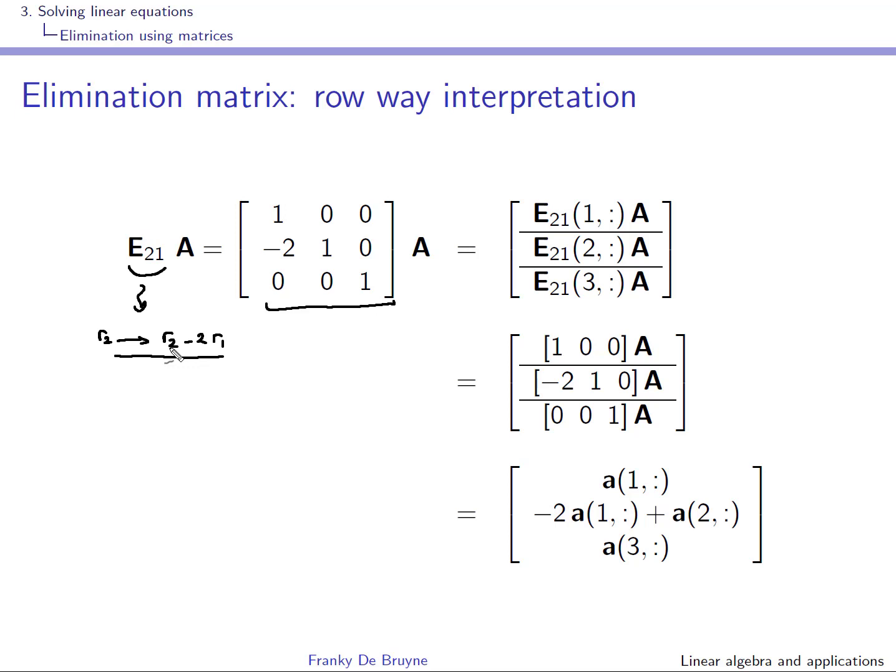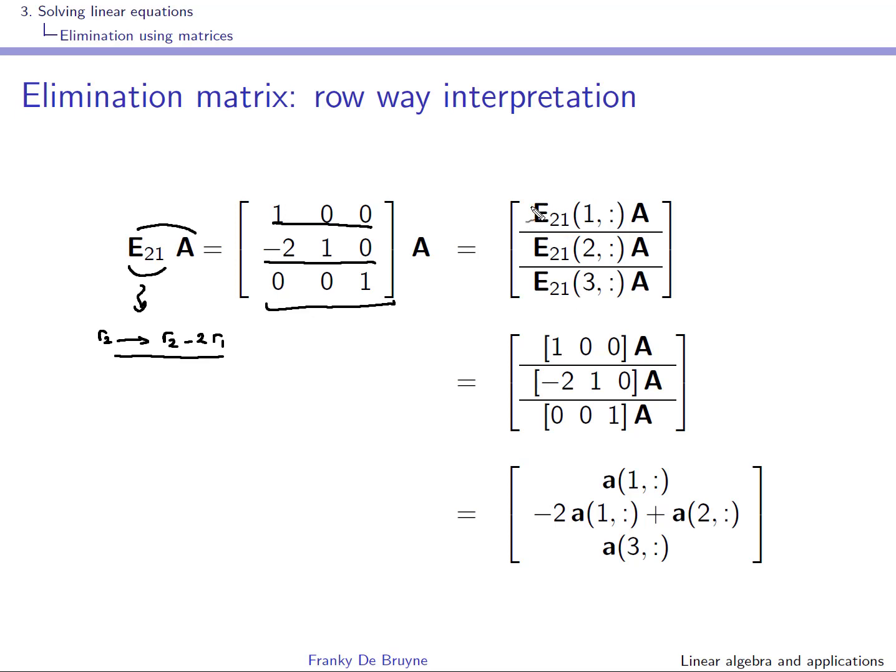Well, if you remember this row interpretation of the product E21 times A, you can understand where it comes from. In the row interpretation, you take the first matrix and consider it as rows that are one on top of another, and the product will be such that the first row is the first row of the first matrix here, the elimination matrix, times A. The second row will be the corresponding row of the elimination matrix times A, and so on.